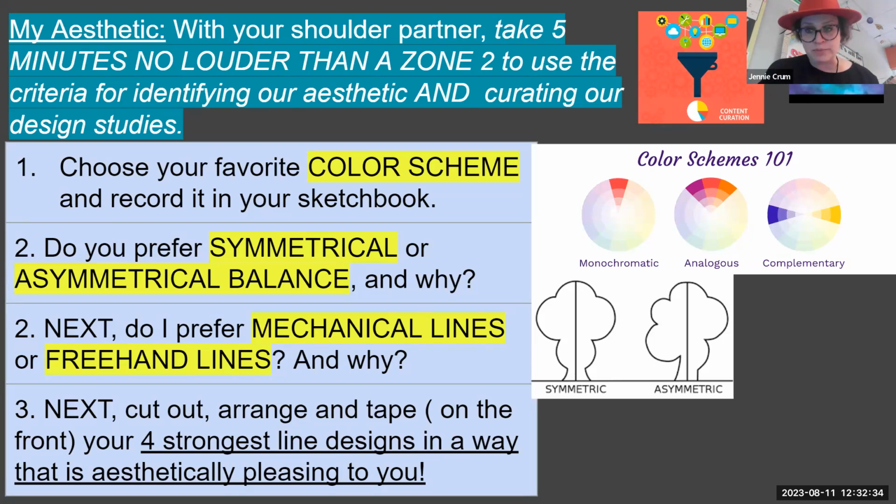Write down in your sketchbook, what balance do you prefer? For me, I prefer asymmetry. I like the way things don't have to be the same, but they still equal each other out. That's my aesthetic. Write down yours. So we're writing down our answers in our sketchbook for number 1 and number 2. Pause this video anytime you need.